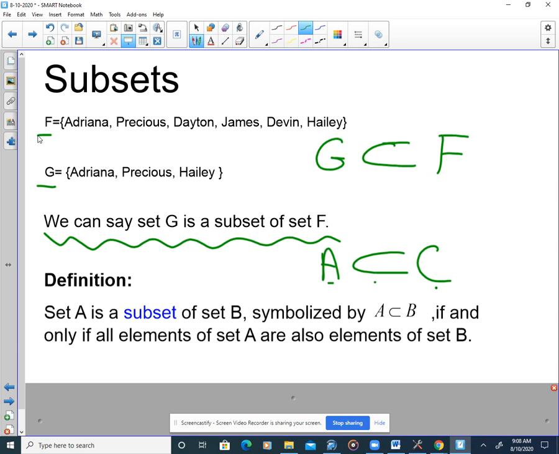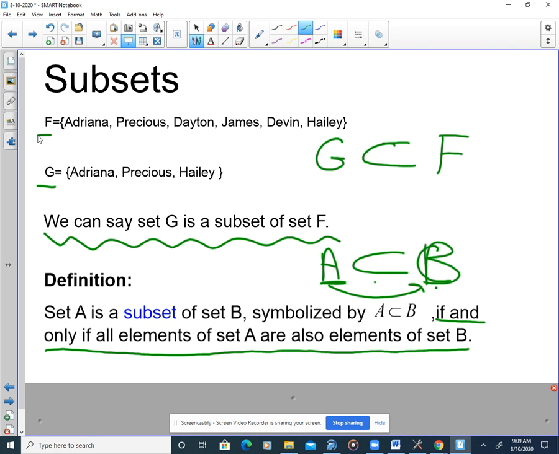So what does it mean to be a subset? Well, set A is a subset of B if and only if all the elements of set A are also elements of set B. So everything in set A here, it should have been a B, not a C, has to be elements in B. Up here, if you look at this example, all the elements in G have to be elements in F, which is true.